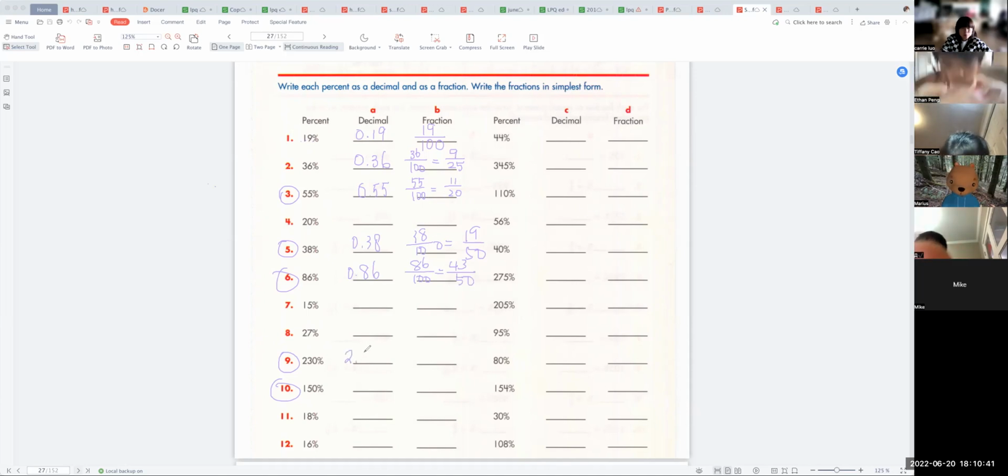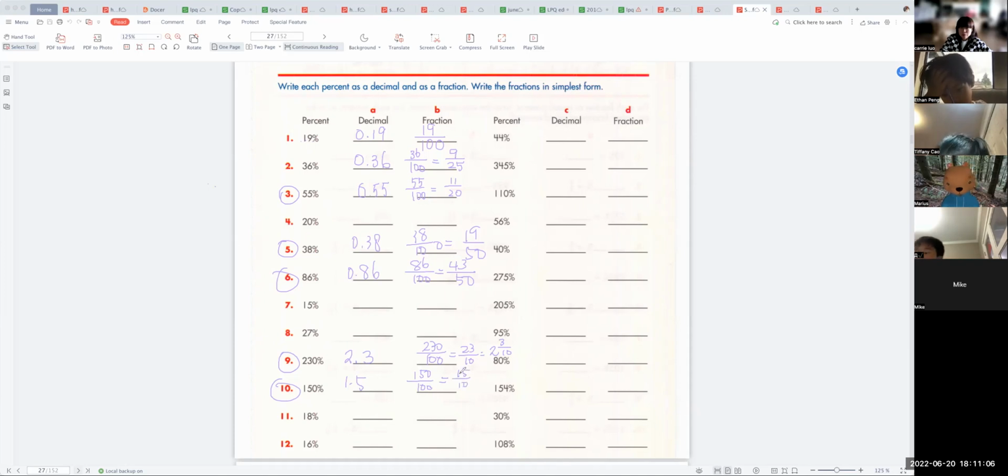So 2.3 and 230 over 100 equals 23 over 10. So this is an improper fraction. We need to change it to 2 and 3 over 10. Okay, so this one's 1.5 and 150 over 100 equals 15 over 10.